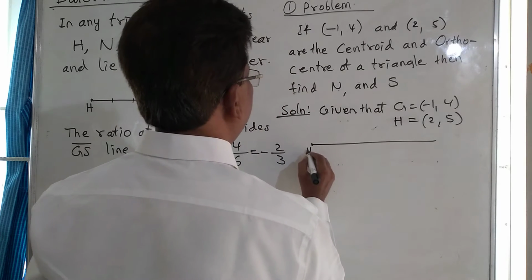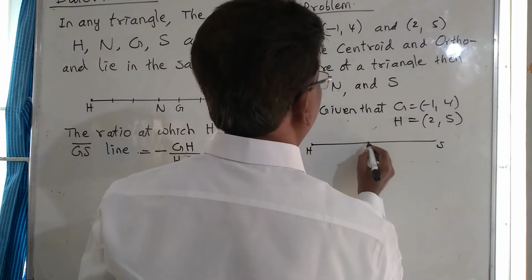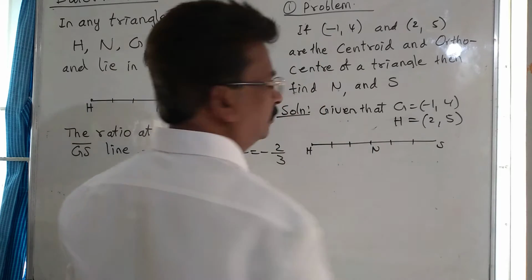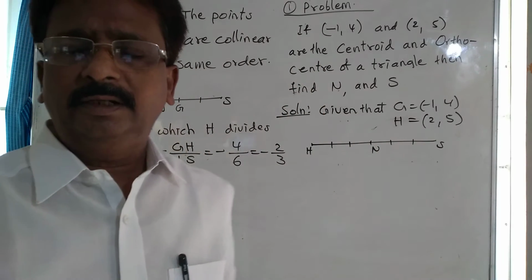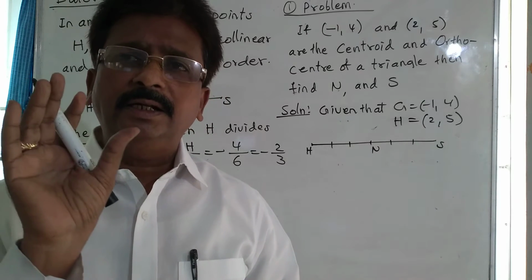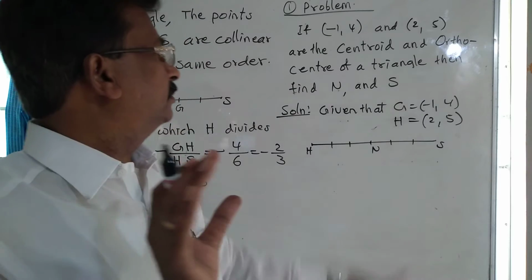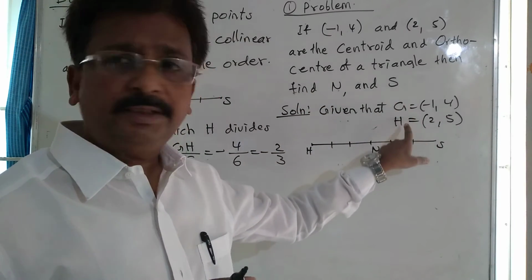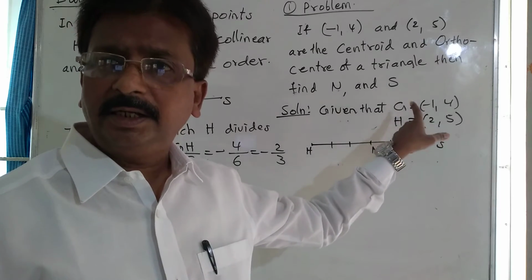The first point H, last point S, midpoint N. Why should we draw the Euler's line? Because we have to find the ratio at which N divides the GH line. 2 points G and H are given.